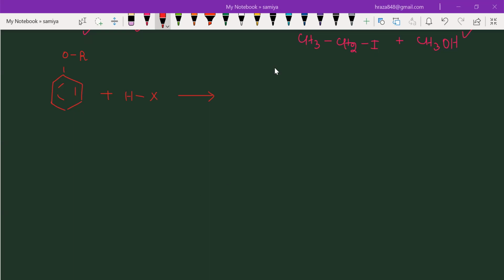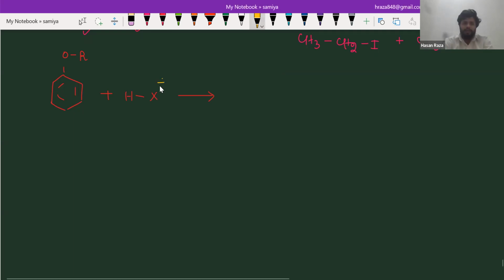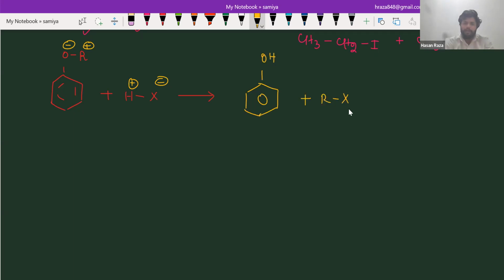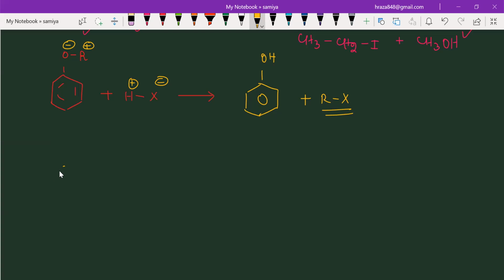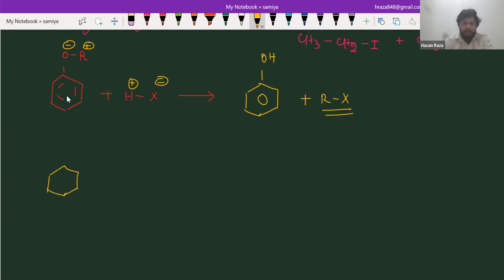Can you do this? See, it's very simple. This will have negative, this will have positive, this will have positive, this will have negative. So you will get a phenol OH and RX. Are you getting my point? Don't make it positive there, because positive on benzene is very unstable, a phenyl cation.